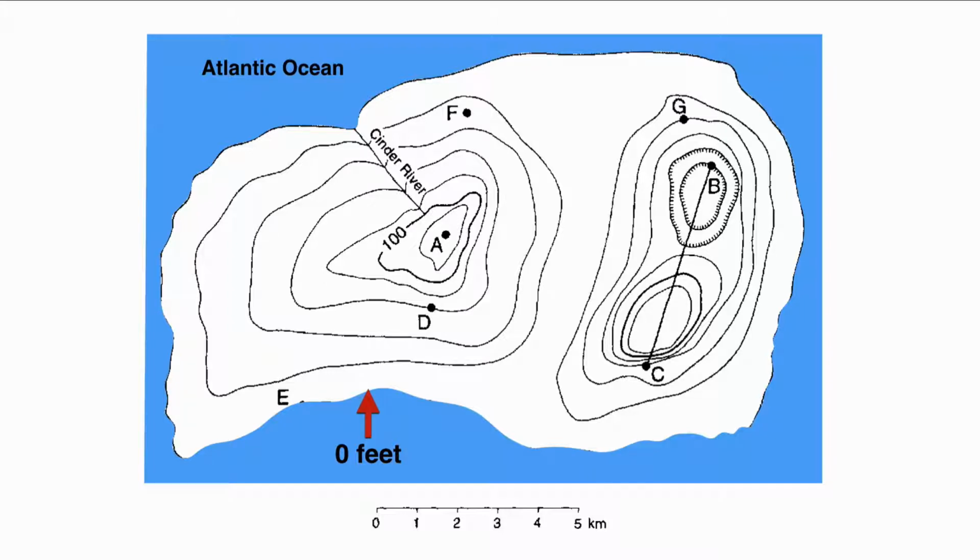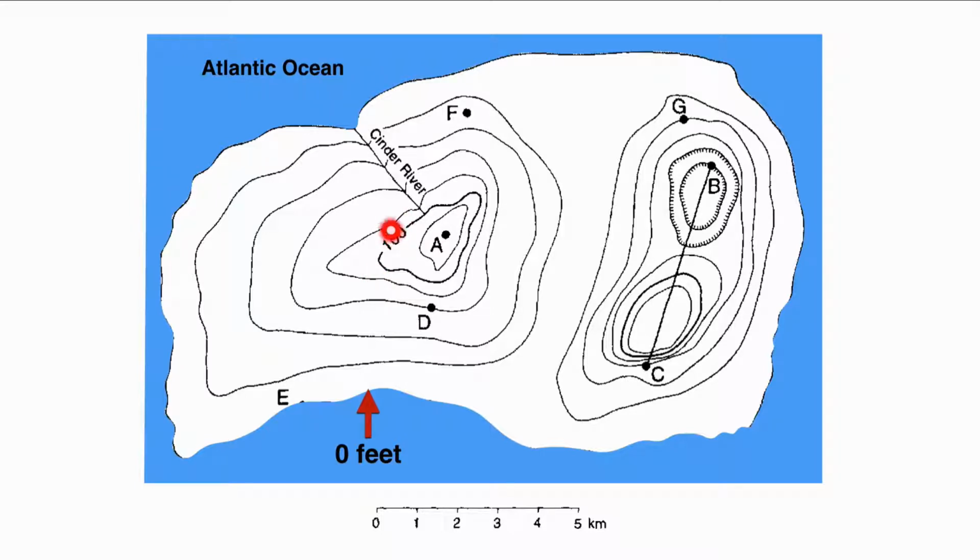And if this was a test question, and you were asked to figure out what is the value of each line, like what's the contour interval from the shore all the way up to this, you would have to be able to count 0, 20, 40, 60, 80, 100.